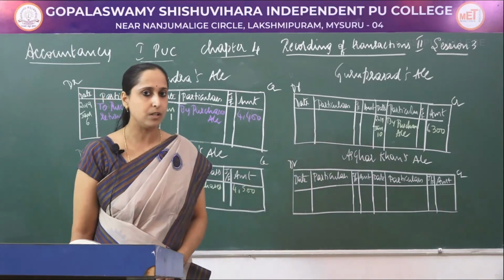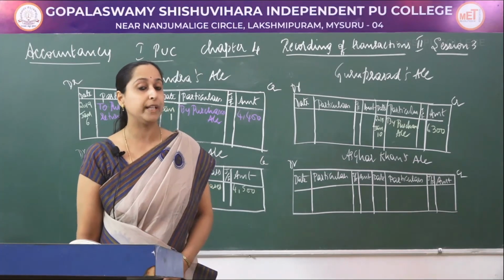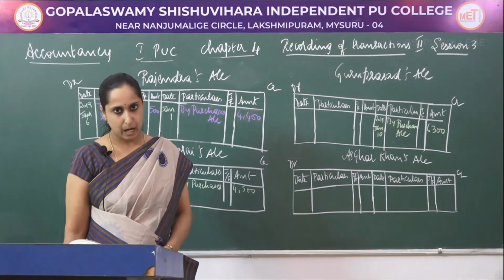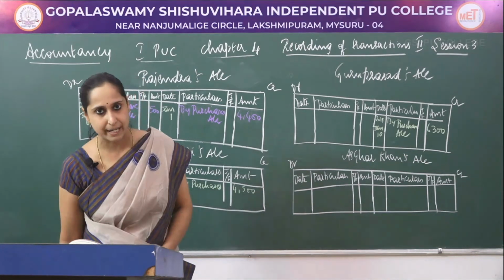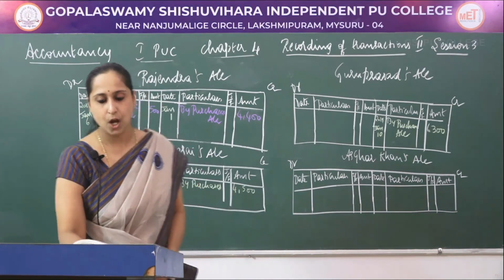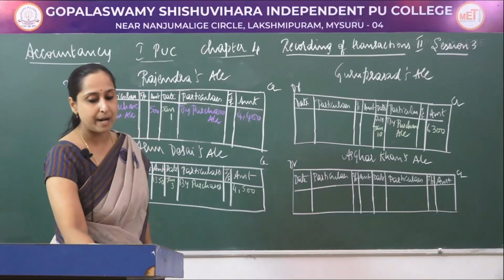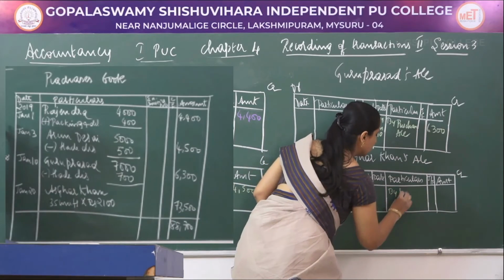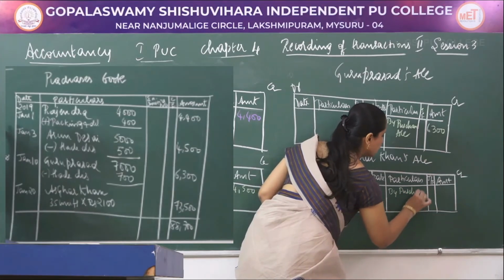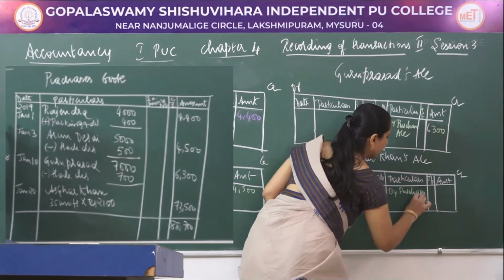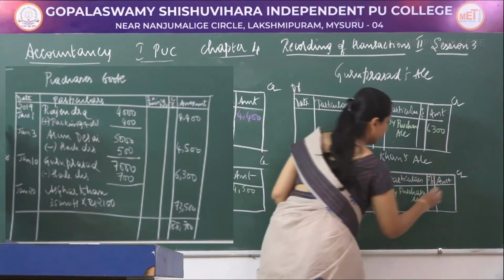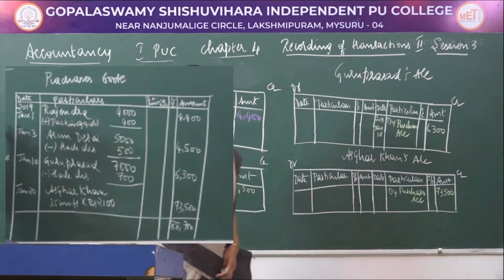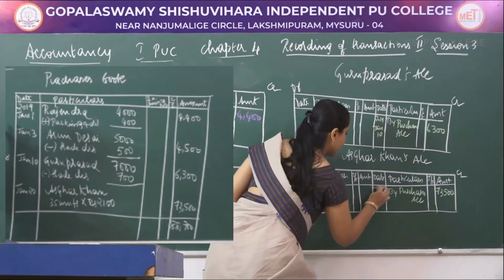So, from Asghar Khan also we had purchased goods. So, what would be the journal entry? Purchases account debit to Asghar Khan's account. In Asghar Khan's account, we should write by purchases account. So, how much worth goods had we purchased? 73,500 on January 20th.